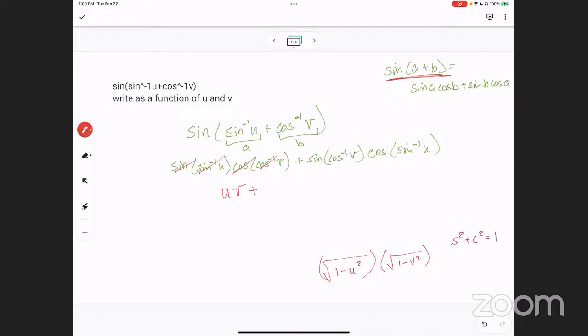Oh, okay. So they're saying the angle whose cosine is v, so there's some angle out there, and here's what I have. Here's 1.